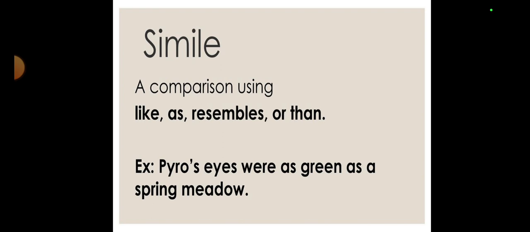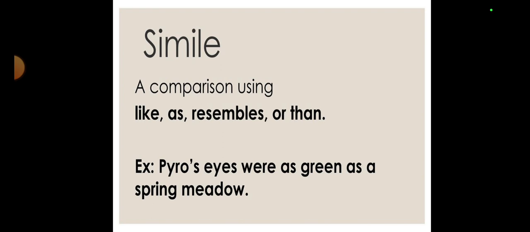By comparing one's eyes with the greenish color of a spring meadow, it will become quite colorful, full of life, and our listeners will become quite comfortable with our speech, and such a comparison will become understandable for everyone.